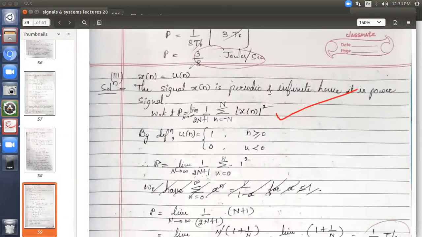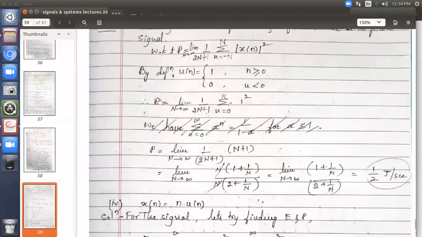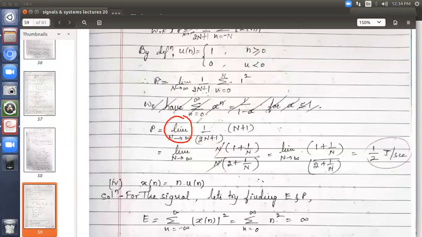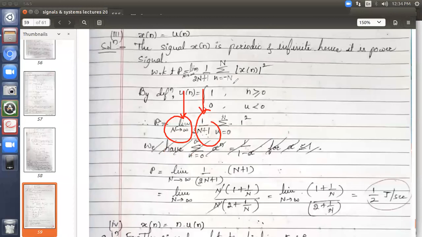According to how we define the unit step signal, the amplitude is 1 for n greater than or equal to 0 and amplitude 0 for less than 0. So left side no signal, only on the right side. So apply the formula. P equals limit 1 by 2n plus 1 as it is, and according to this, signal is amplitude 1, so amplitude 1 square, u of n starts from 0, and I will keep n itself as the maximum limit.